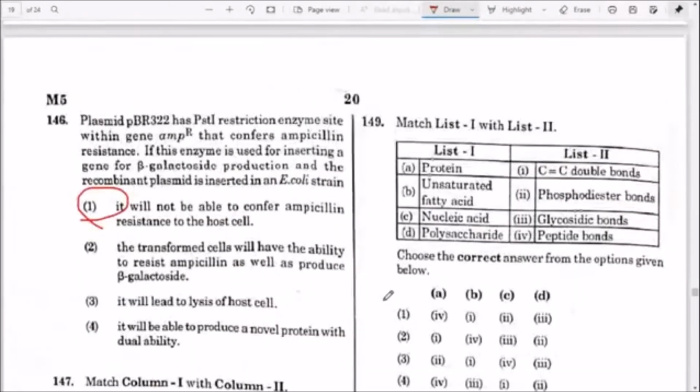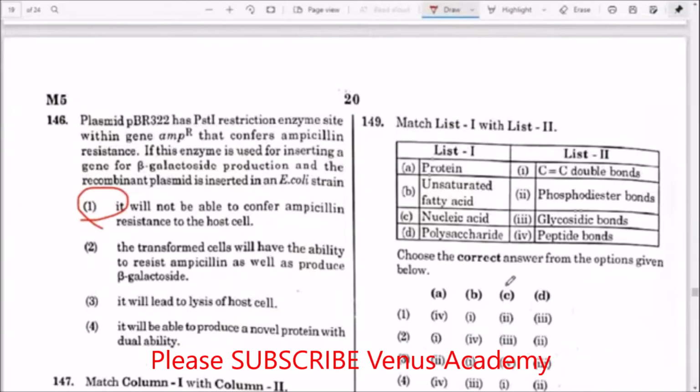Next, question number 149. Match list 1 with list 2. Protein, unsaturated fatty acid, nucleic acid, polysaccharides; C=C double bonds, phosphodiester bonds, glycosidic bonds, peptide bonds. Proteins, yes, you will get peptide bonds. Polysaccharide, glycosidic bonds.